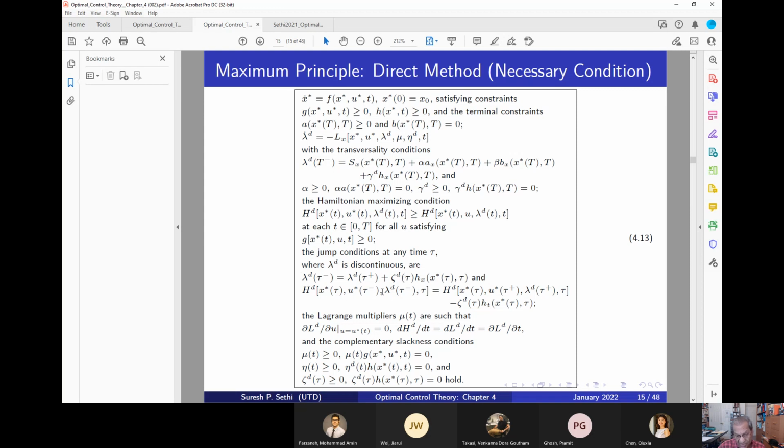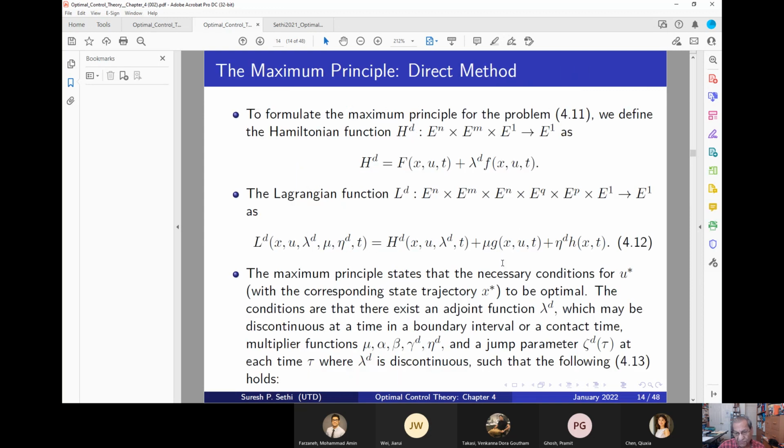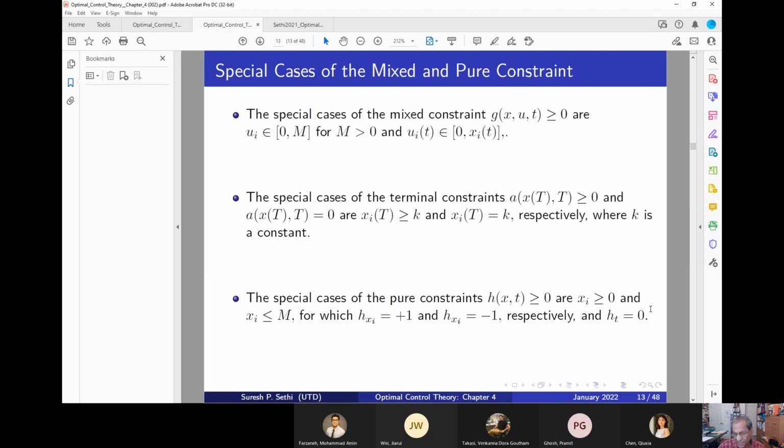And the Hamiltonian at that time tau has to have some kind of equality, and there is some kind of jump. And that jump will be 0 for h sub t equal to 0. So if the constraints are of this kind and not a more complicated kind, then h sub t will be 0.